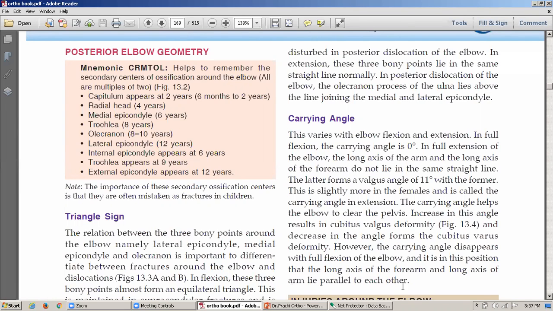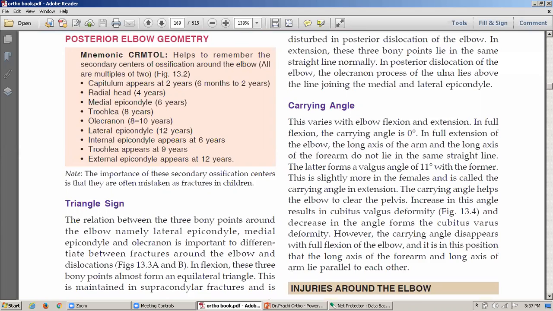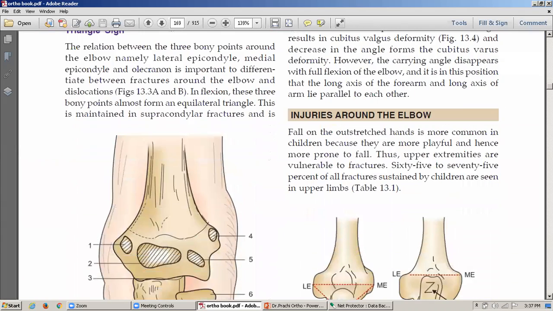Then the triangle sign shows a relation between the three bony points around the elbow, namely the lateral epicondyle, medial epicondyle, and the olecranon. It is important to differentiate between fractures around the elbow and dislocation. In flexion, these three bony points almost form an equilateral triangle, and this is maintained in supracondylar fracture.